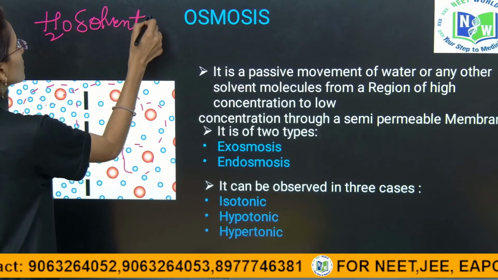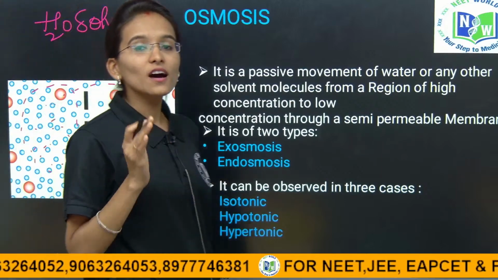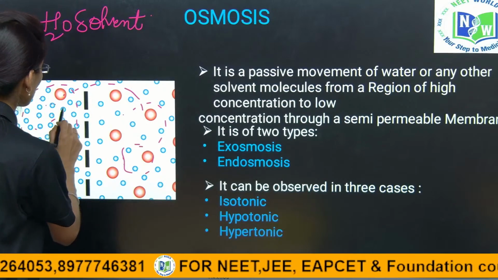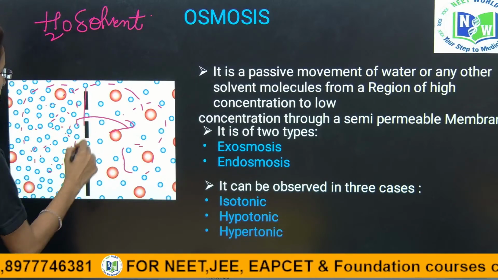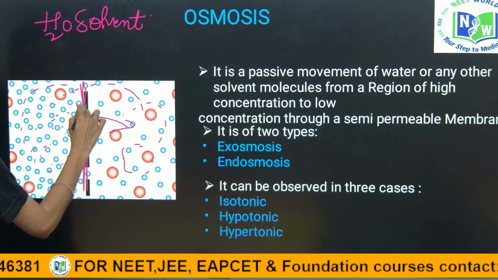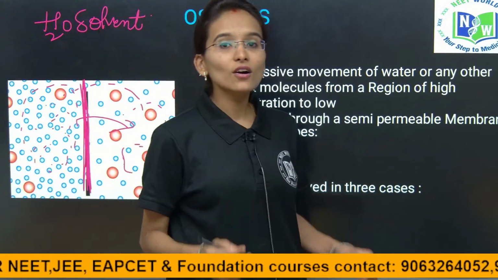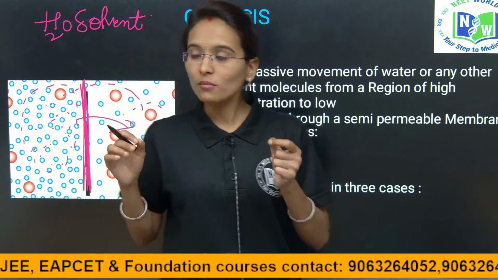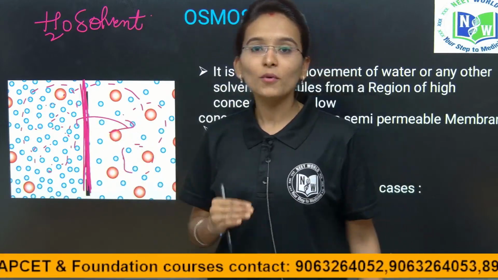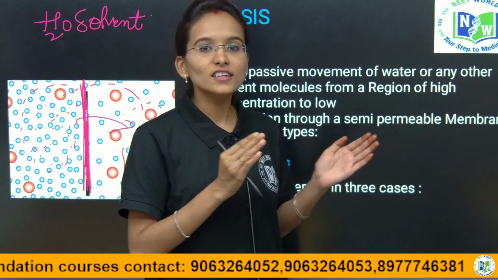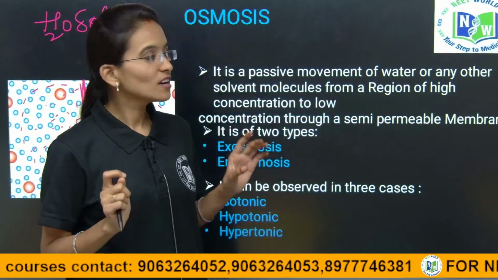So osmosis is the movement of solvent from the higher concentration gradient to the lower concentration gradient through a semi permeable membrane or selectively permeable membrane. By the involvement of the plasma membrane, the solvent molecules move from high to low concentration gradient.